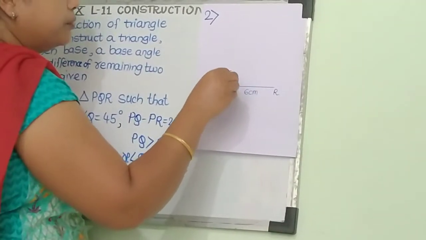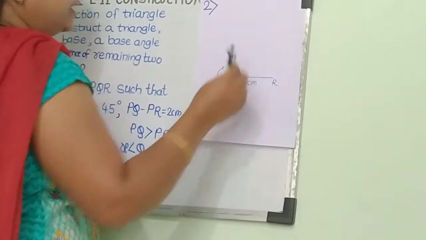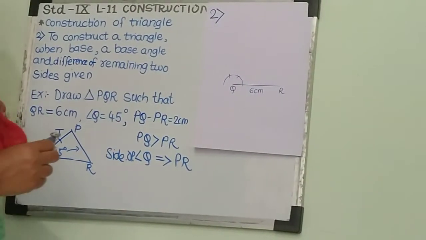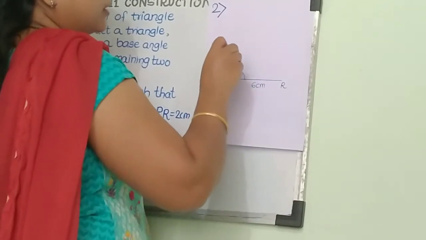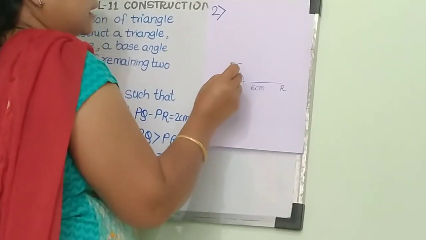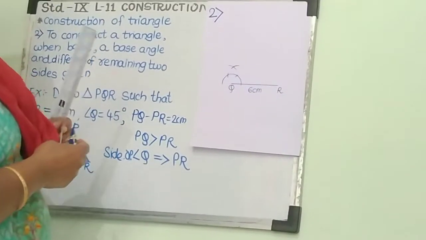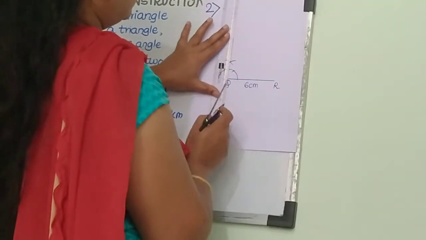Then we mark the arc 60, then 120. See, for drawing the 45 degree angle, first we have to draw the 90 degree angle. So I will draw the 90 degree angle on the 60 arc, and on the 120 arc we are going to draw again two intersecting arcs. We get that it is of 90 degrees.